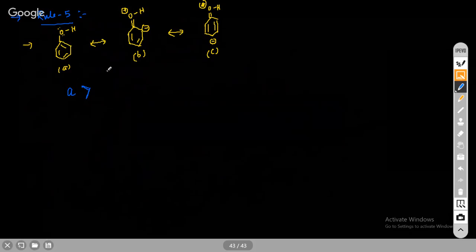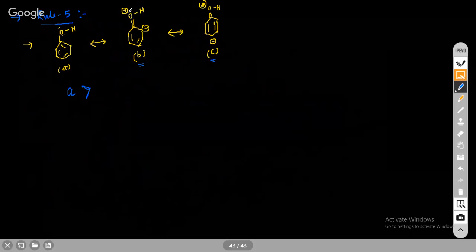Now coming back to B and C, we have to compare these two, right? Now, this rule 5 is what? The more the charge separation between the opposite charges, the less will be the stability. Like charges, if you have positive charges close enough, then we'll have repulsion over there, and that will decrease the stability.